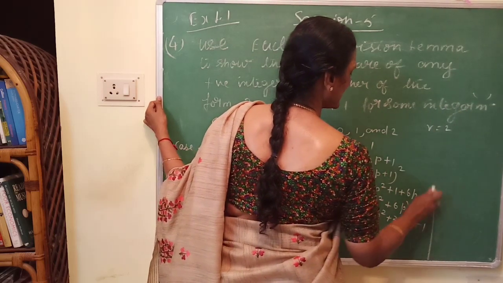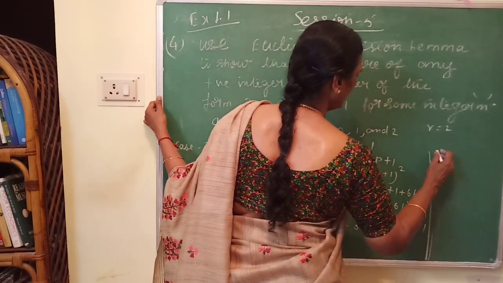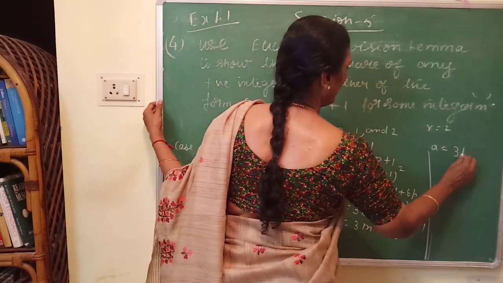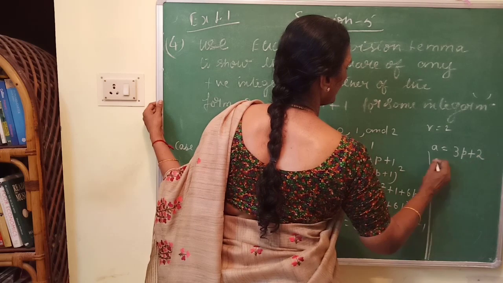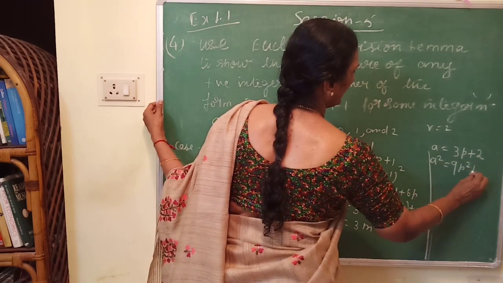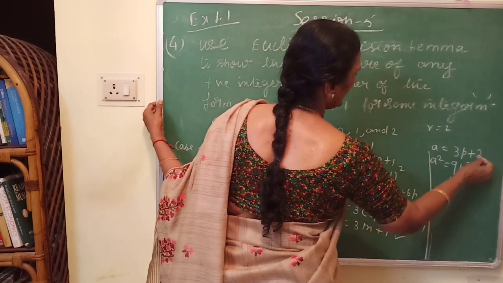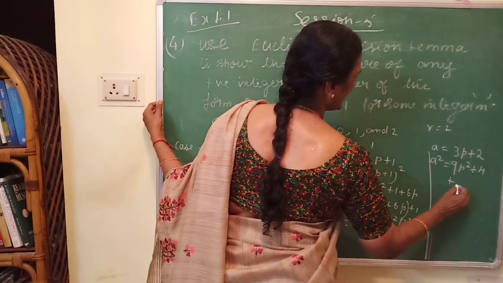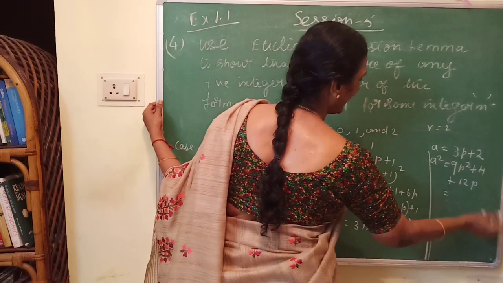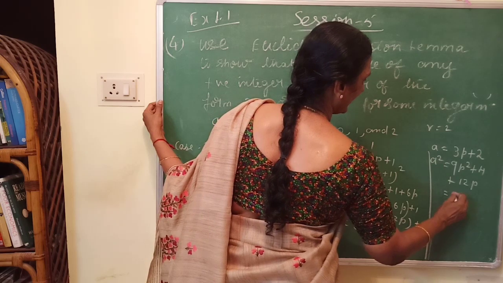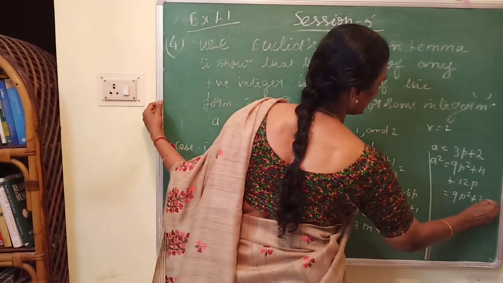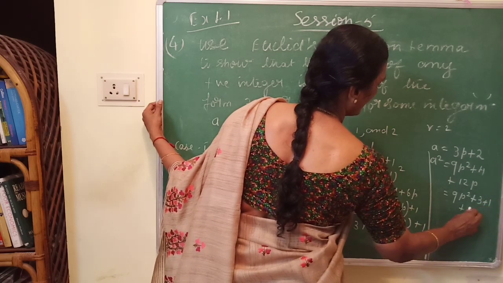So in which case, what do you get? You will get a is equal to 3p plus 2. Therefore, a square is equal to 9p square plus 4. Middle term, it is 3 2s are 6p into 2, 12p. Then that can be split as 9p square plus 3 plus 1 plus 12p.